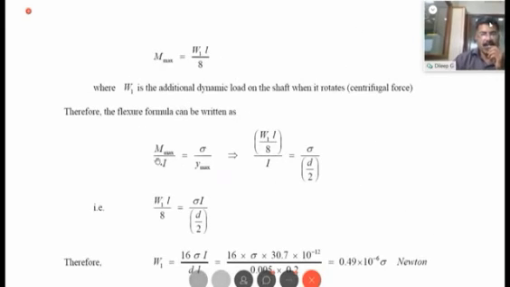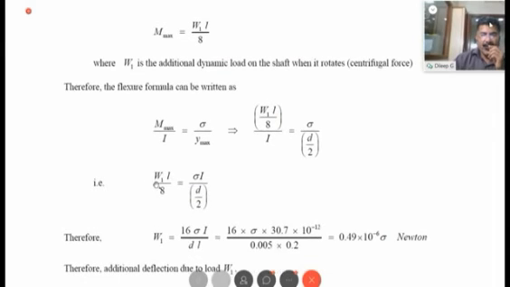So just substitute the formula. M max / I is equal to sigma by Y max, so W1 × L / 8 divided by I is equal to sigma divided by Y max, which is D/2. Then W1 × L / 8 is equal to sigma × I divided by D/2, or this W1 is equal to, the 2 moves upward, 8 × 2 becomes 16, so 16 sigma I divided by D × L.